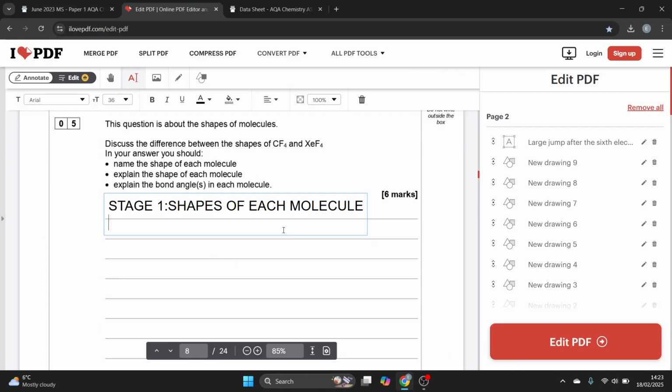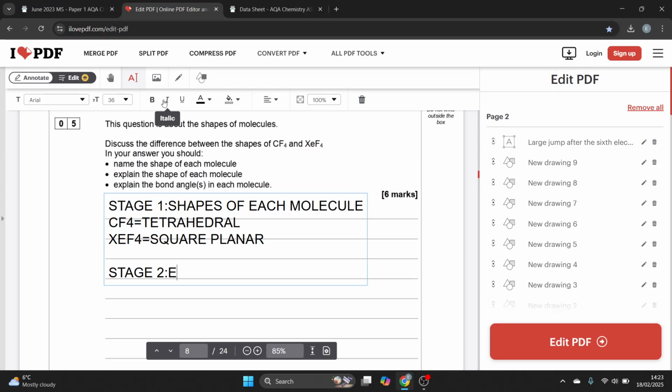So the shapes: CF4 equals tetrahedral, XeF4 equals square planar. And that's it for your stage 1. Just state the shapes. Stage 2, explaining the shape of each molecule.